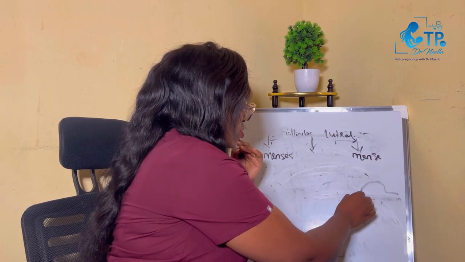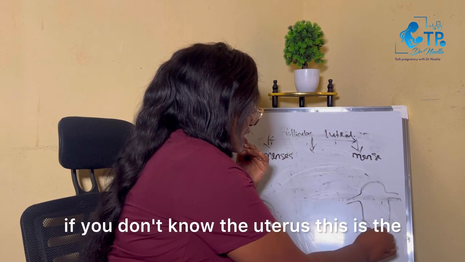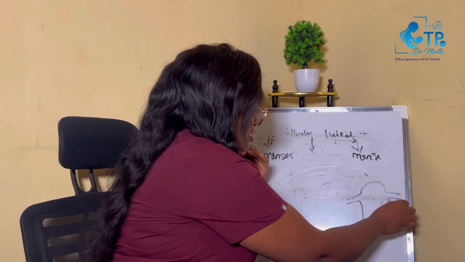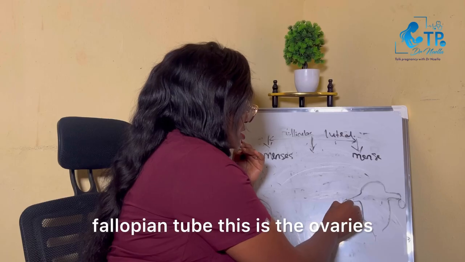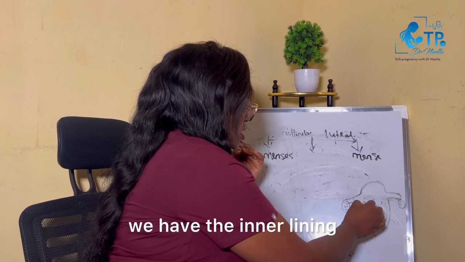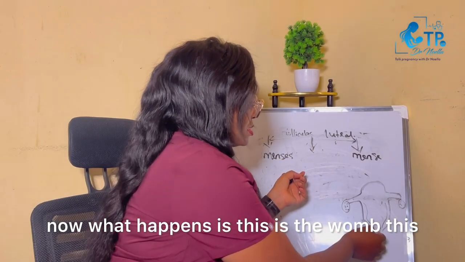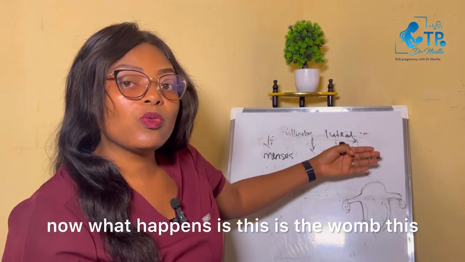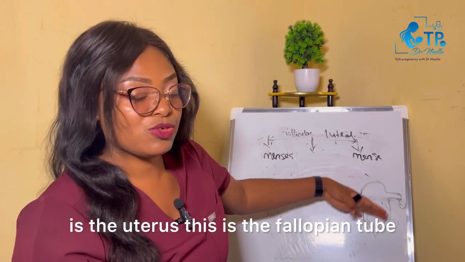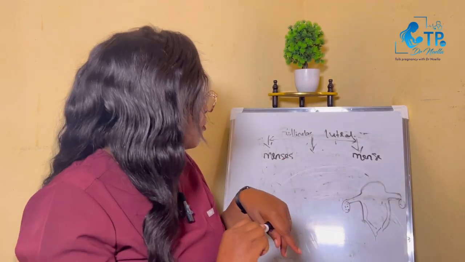If you don't know the uterus, sorry for the ink, this is the fallopian tube, this is the ovaries, then we have the inner lining. This is the womb, this is the uterus, this is the fallopian tube, and these are the ovaries.